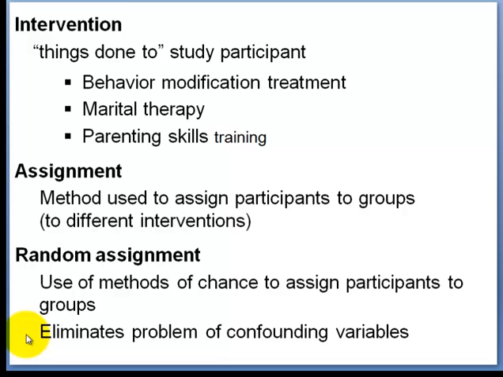Importantly, random assignment eliminates the problem of confounding variables. In other words, if a researcher conducts a study with random assignment and a difference emerges such that outcomes are better in one intervention than in the other, then that relationship of one intervention to the better outcome and the other to the worse cannot logically be due to confounding variables.